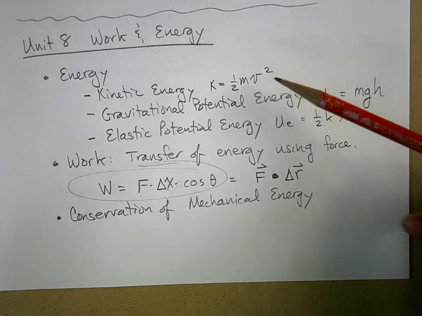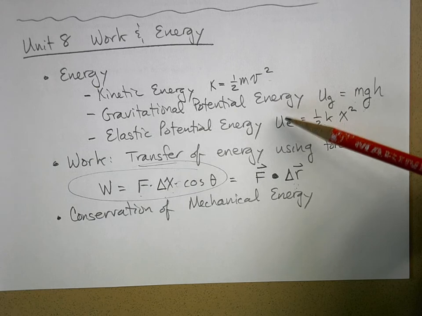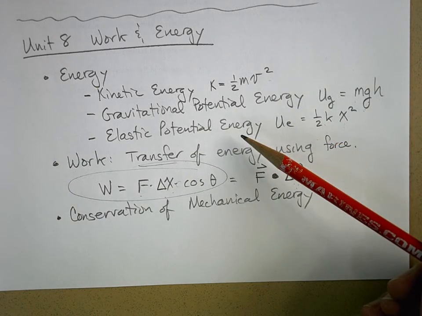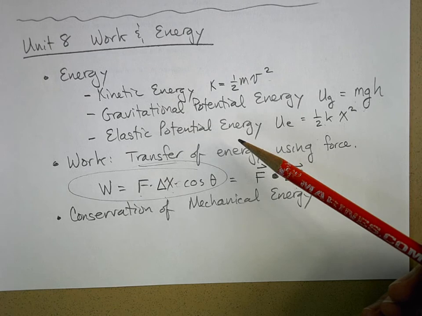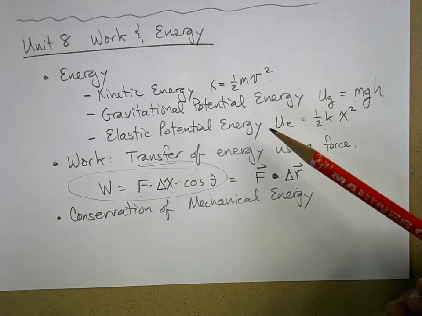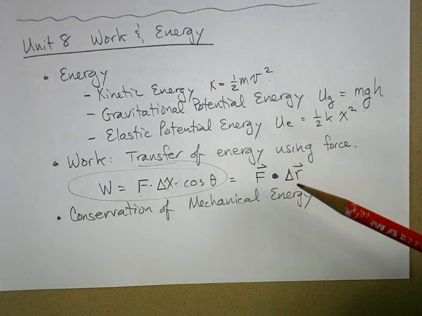Or it turns kinetic energy into gravitational potential energy. If a spring is doing work, and it's the only force doing work, it's taking kinetic energy and converting it into elastic potential, or converting elastic potential into kinetic energy.